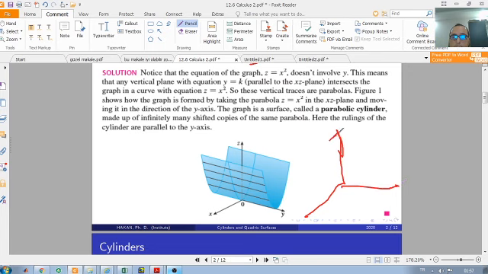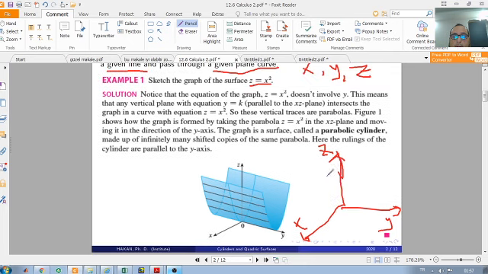Let's show here: this is the z axis, x axis and y axis. In the xz plane, z is equal to x squared is a parabola. X squared is always positive, therefore we sketch the parabola in this form.